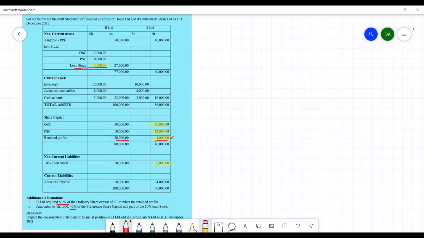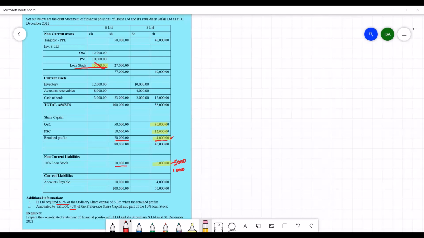Therefore, we are going to cancel 5,000, and here we cancel 5,000. That means if we subtract 5,000 from 6,000, the loan stock remaining is only 1,000. The loan stock in the holding company is owed to the third parties.